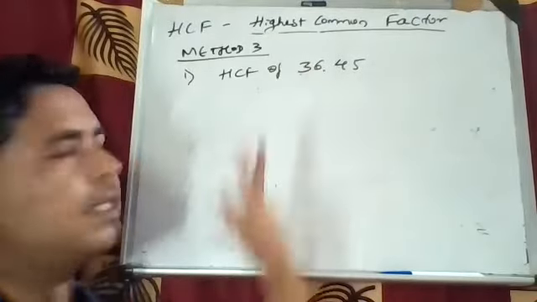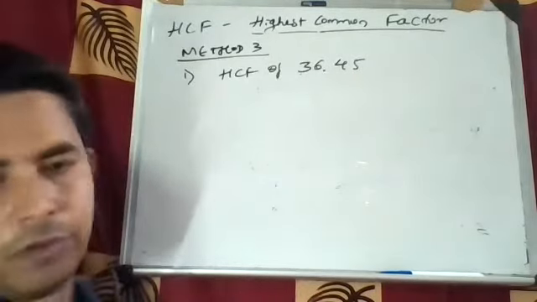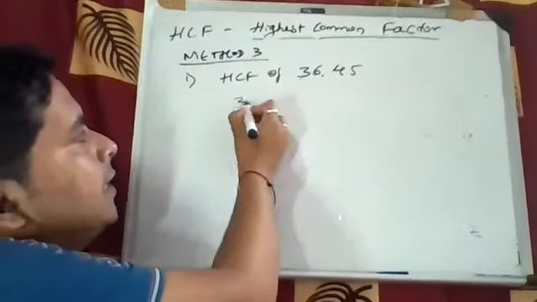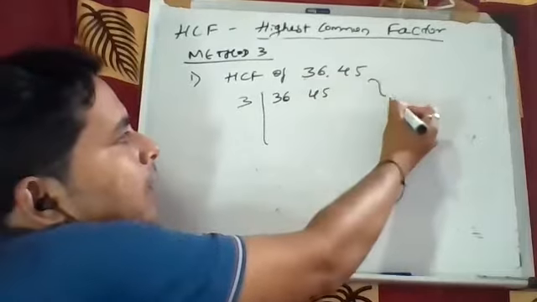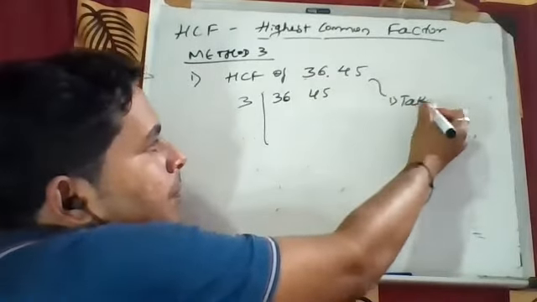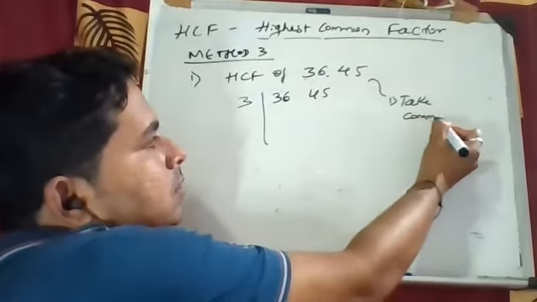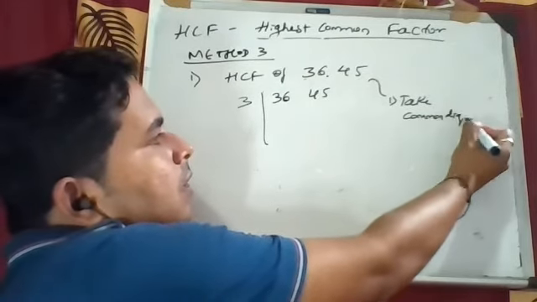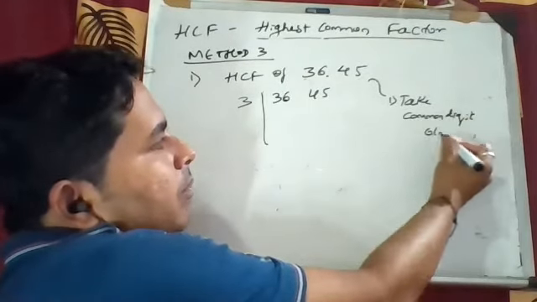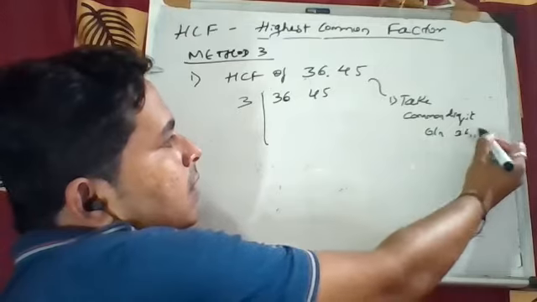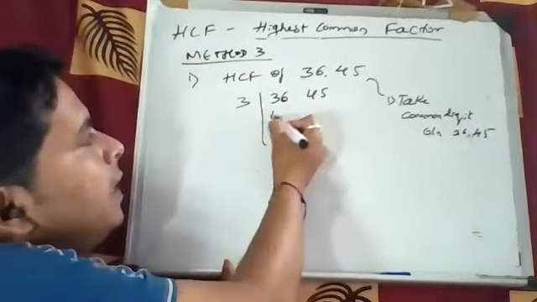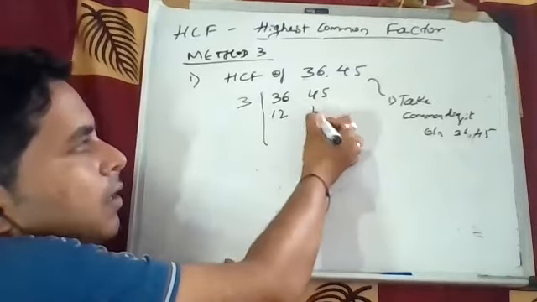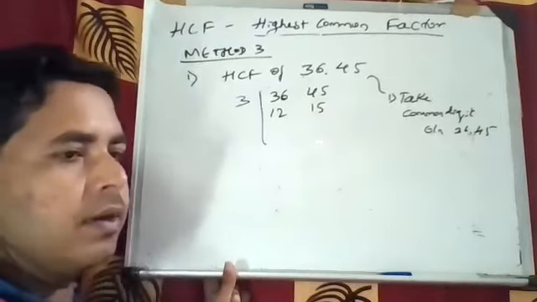So 3 divides 36 and 3 divides 45. I'll take 3 as the common number, a common digit between these two. If I take 3, it divides to 12 and 15.